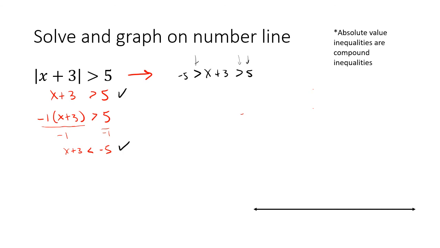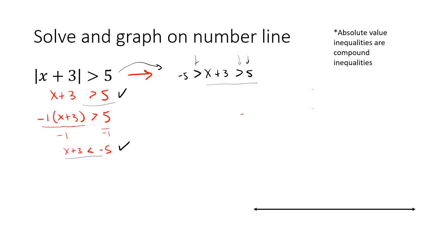We have this one and this one that we're going to solve independently and graph, but that's the same as this compound inequality here. So if you understand that, you can go straight from this absolute value inequality to that compound inequality because they're the exact same thing. Or you can write it as these two separate statements, but it's important to know why this is true, and we get that from looking at the idea behind an absolute value.